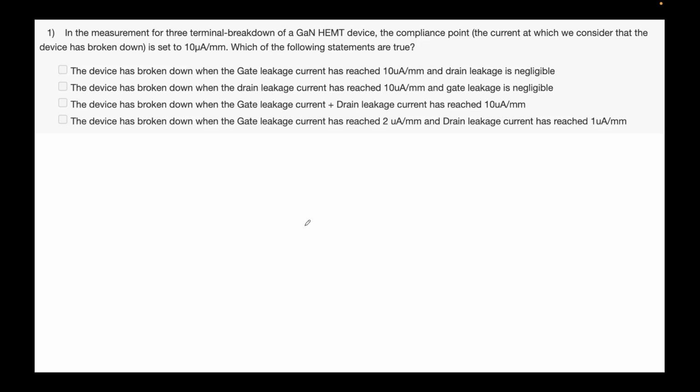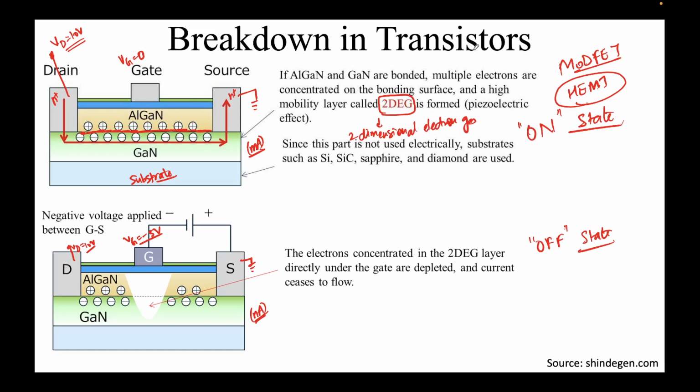So now, based on this device, let's look at the measurement of the three-terminal breakdown of a GaN HEMT device. This is a very similar device to the one I introduced in the previous slide, okay. So how do we measure these devices actually? This is the source, and I put a metal probe over here. Let's call this probe 1.